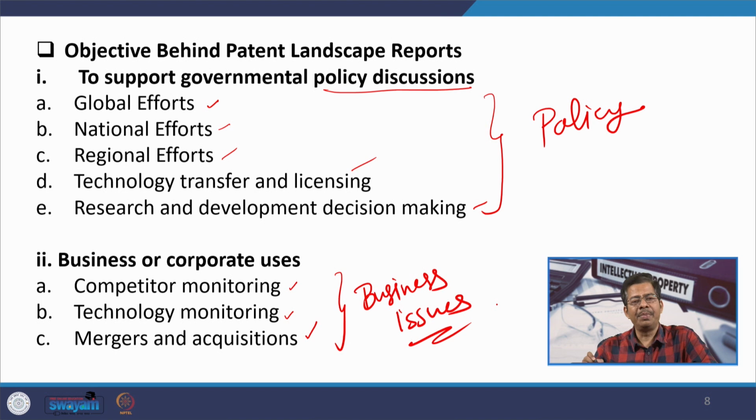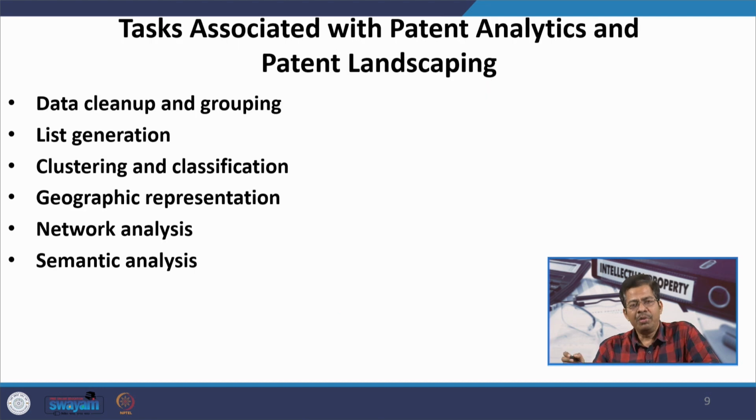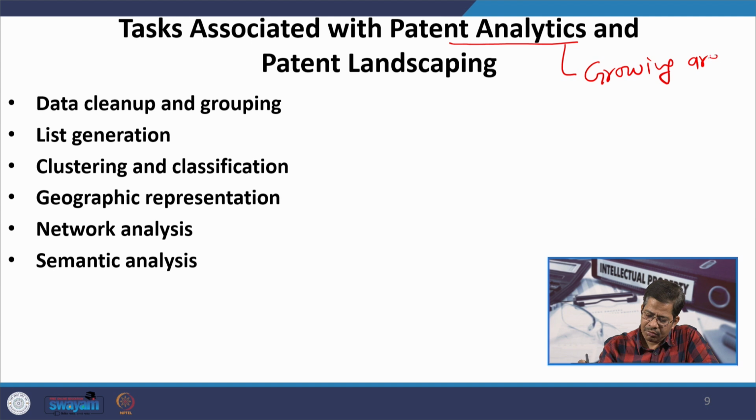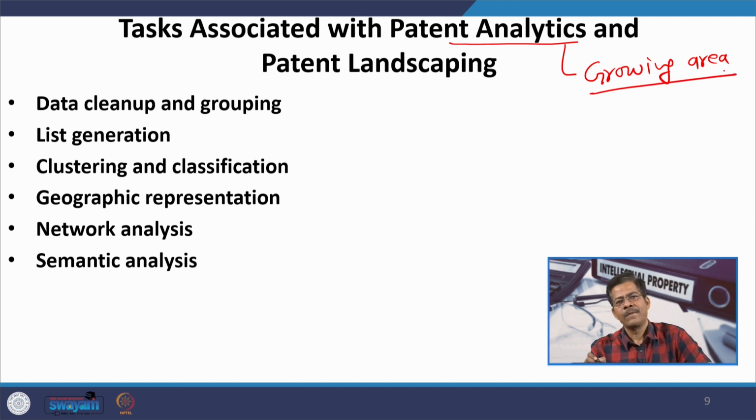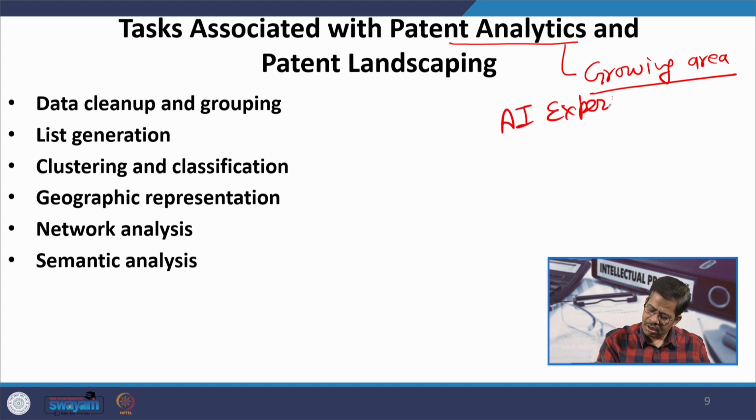So, how your reports are helping at the policy and business level, that is the important objective behind the PLRs. When we are doing this patent analytics and patent landscaping, in fact, this is a very upcoming, growing area where we need a lot of experts, AI experts, plus domain of IPR.